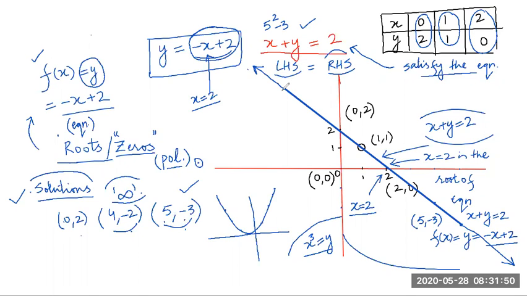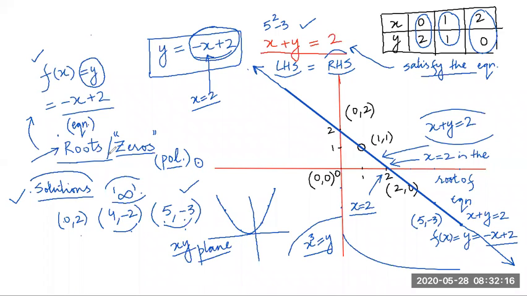Or you can say geometrically, the value of x and y will represent a point on the xy plane, right? On this xy plane, this point will always be on the line or parabola or cubic curve. So if I talk about roots, it's nothing about satisfying the equation.